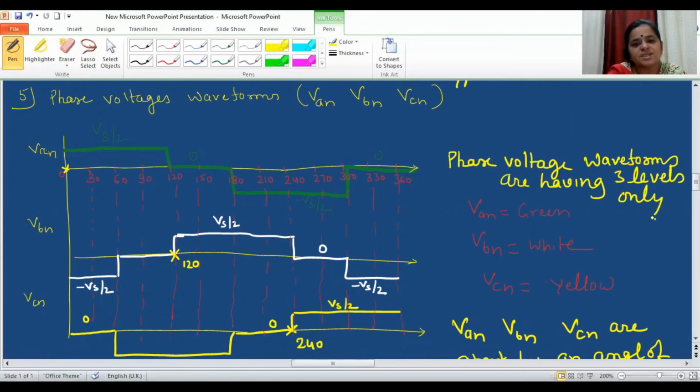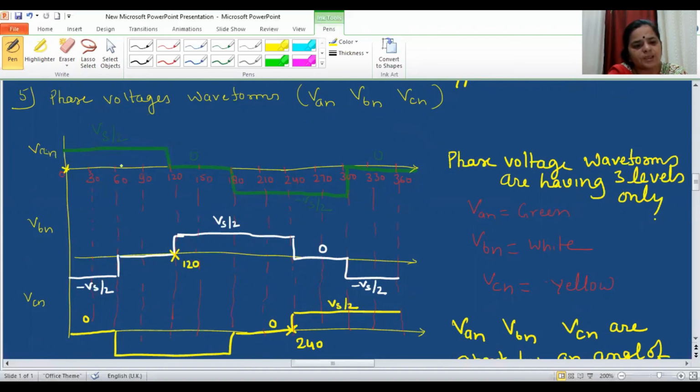So my dear friends, I hope I have cleared each and everything related to a three-phase AC inverter. You can observe the voltage waveforms, phase voltages and line voltages. In the phase voltage waveform, we are getting 3 levels. In the line voltage waveforms, we are getting 4 levels. And you can see we are getting the alternating cycle.